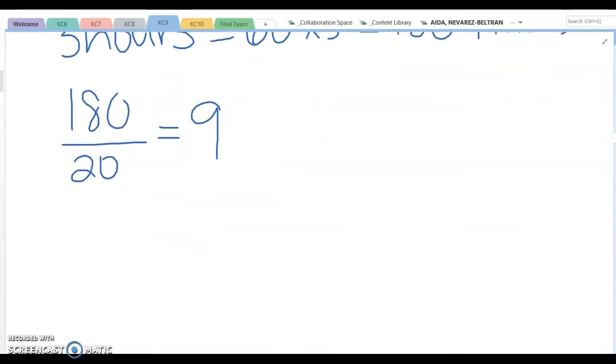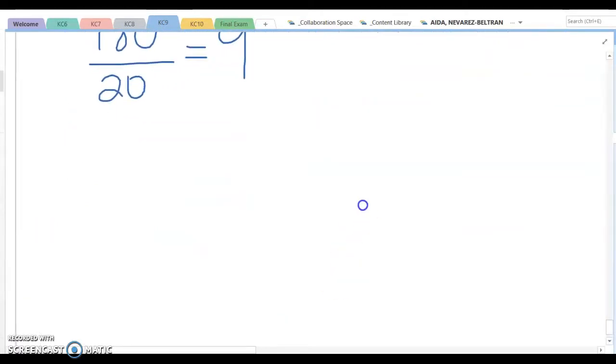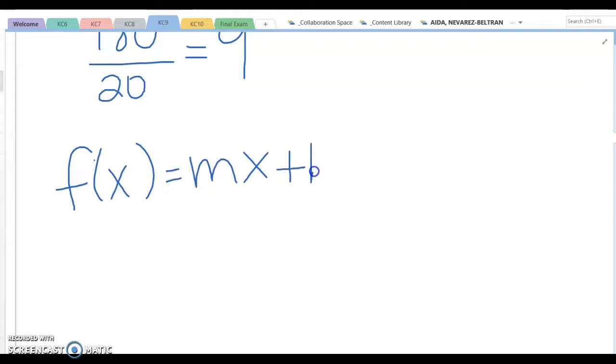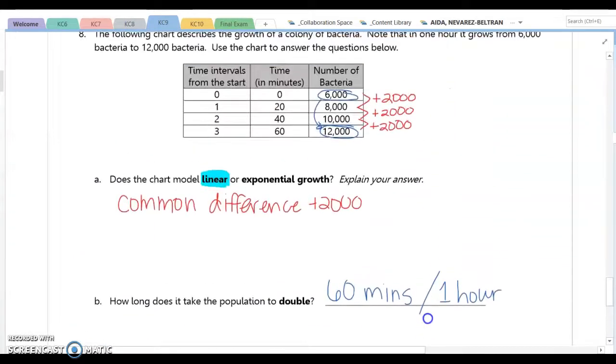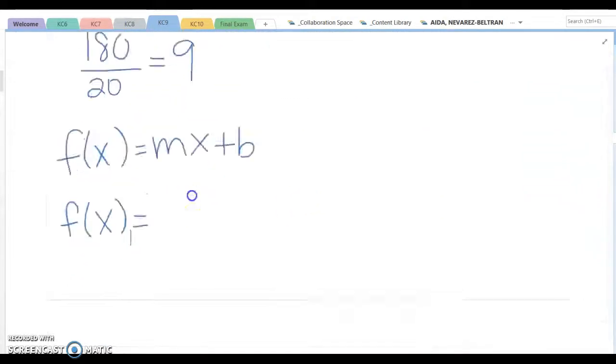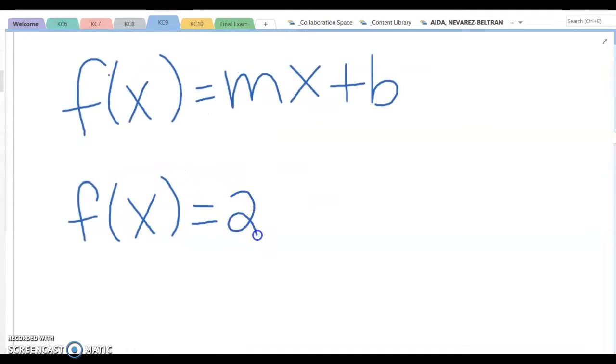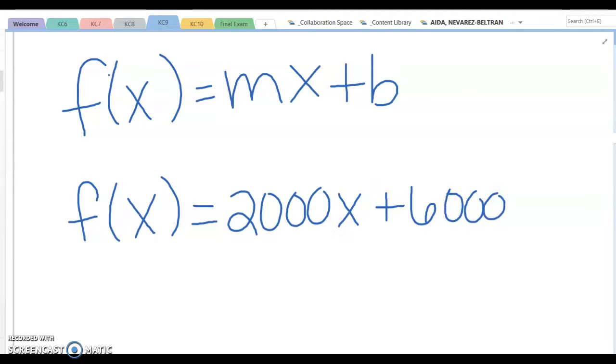So let's write our function. Linear is f of x equals mx plus b. In our case, the b is how much it started at. It started at 6,000 and goes up 2,000 every time, so it's changing by 2,000 each time, and we started at 6,000.